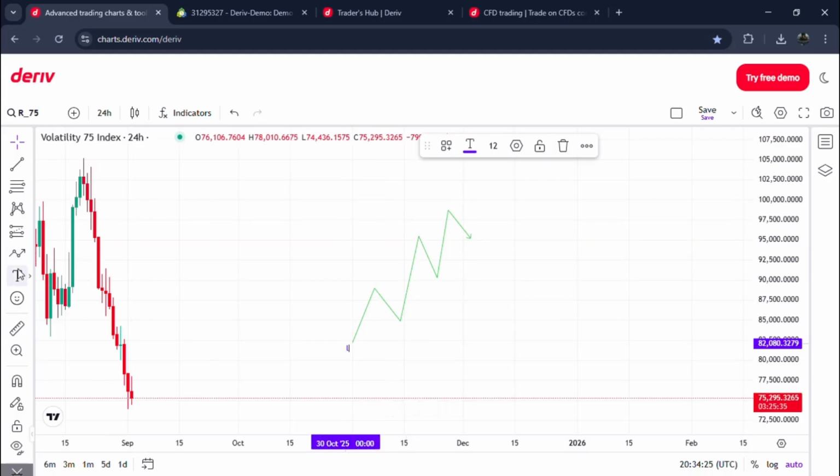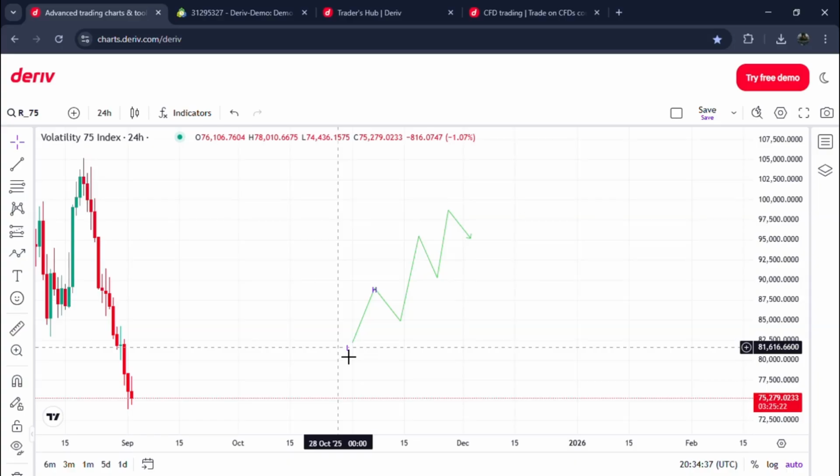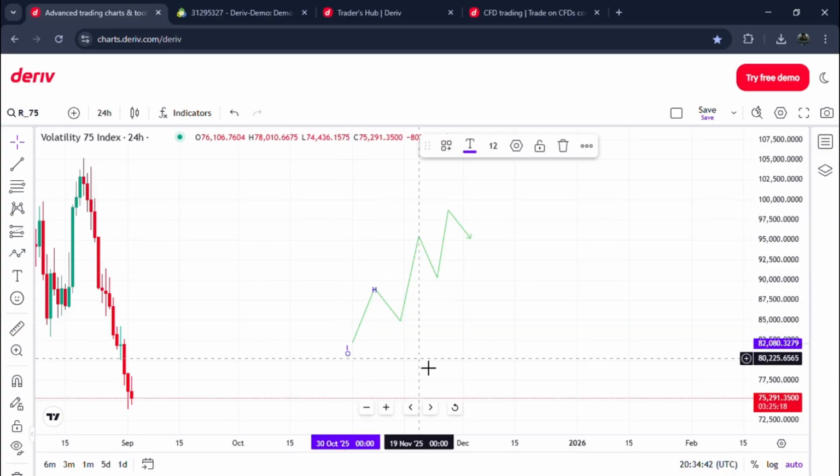Let me just do this. That's a high. I want to change this to main caps. Let me just use it that way. So this is a high, this is a low, this is a high.